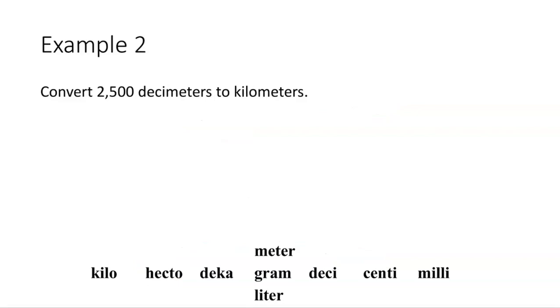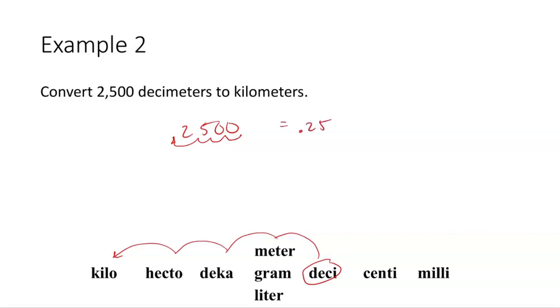If I want to go from 2,500 decimeters to kilometers, deca to kilometers means 1, 2, 3, 4 to the left. So I start with 2,500, and I'll move my decimal 1, 2, 3, 4 to the left. So that ends up with 0.25 kilometers.